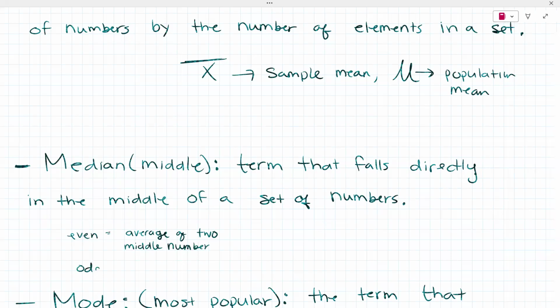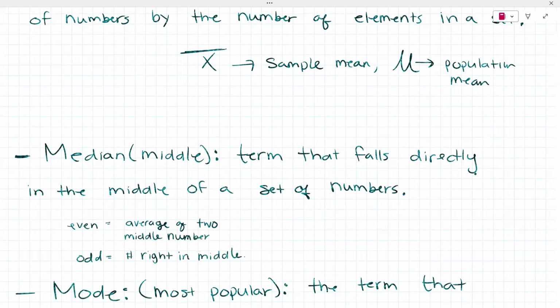And if your total amount of numbers is odd, it's the number right in the middle. Okay, so that's median.